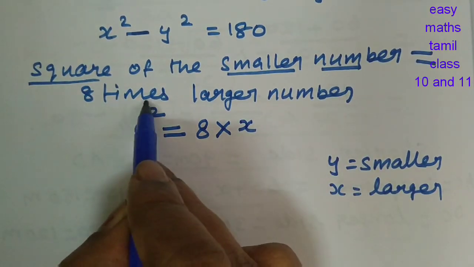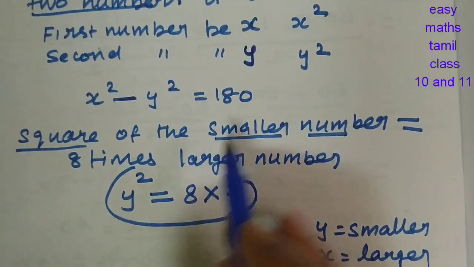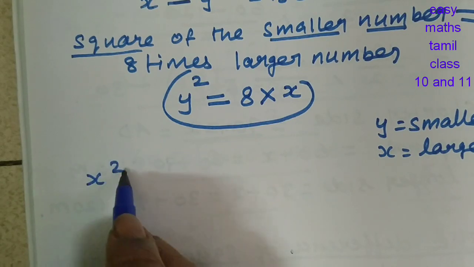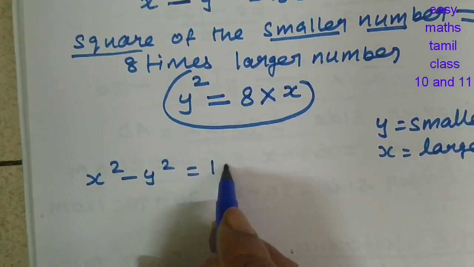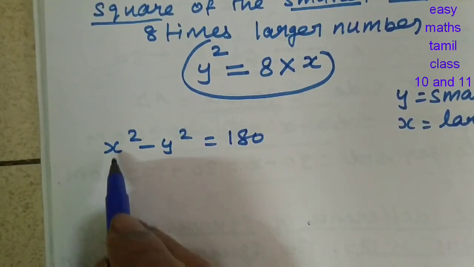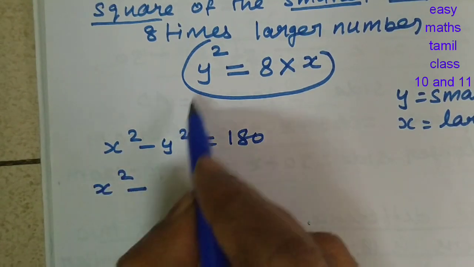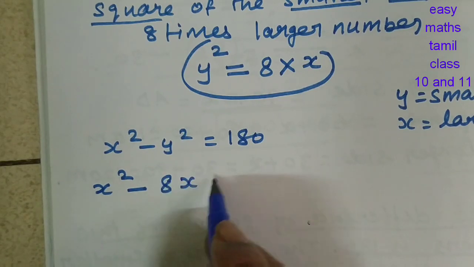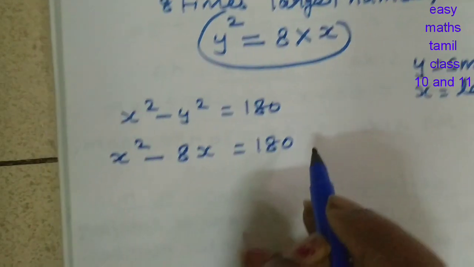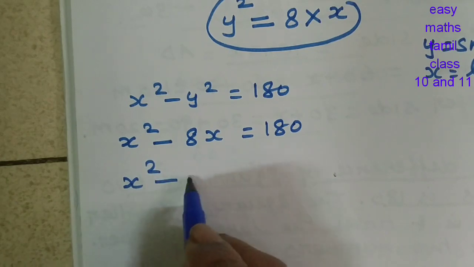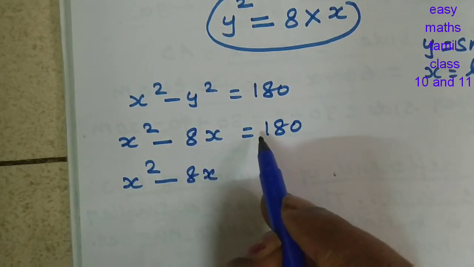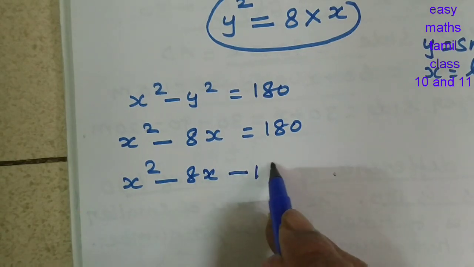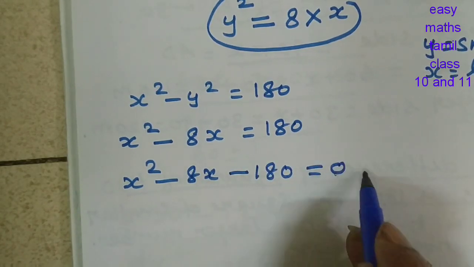So substituting this value in equation 1, x square minus y square equal to 180, x square minus the value of y square, which is 8x, equal to 180. x square minus 8x, taking this plus 180 to the left hand side, this will become minus 180 equal to 0.